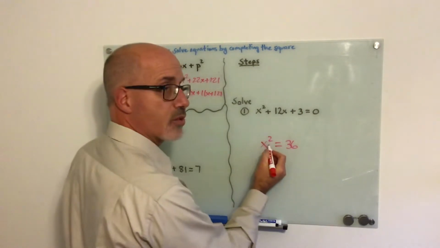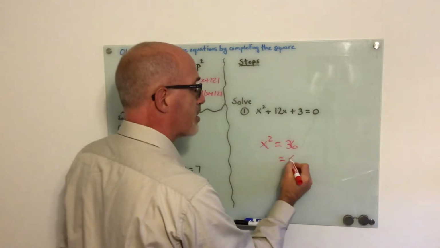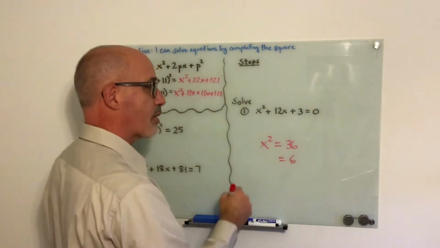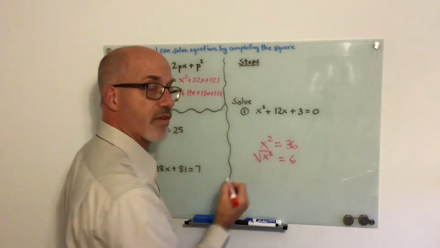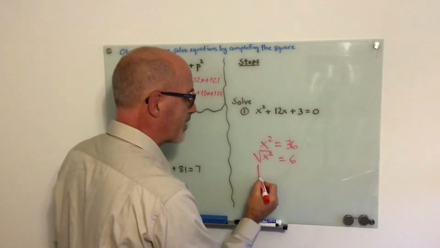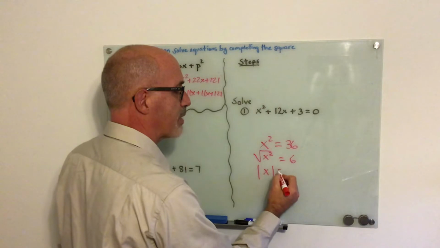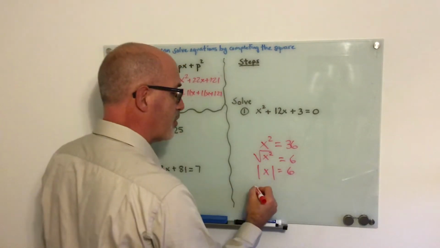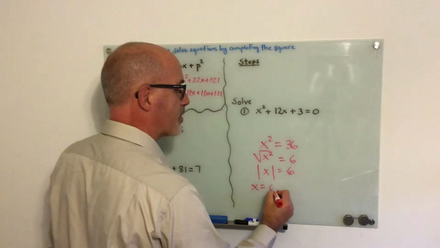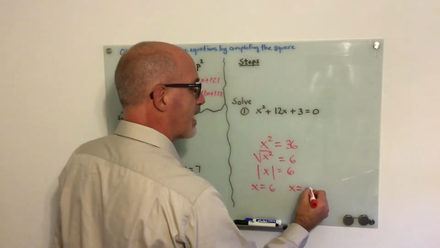When you take the square root of 36, you get just 6 when we take the square root of both sides. But when I take the square root of x squared, technically it gives me the absolute value of x, because it can be both positive and negative, and that gives me 2 answers, x equals 6 and x equals negative 6.